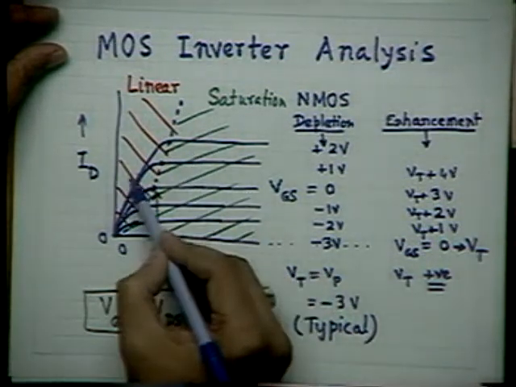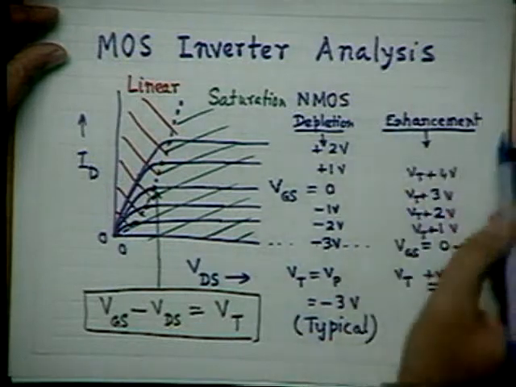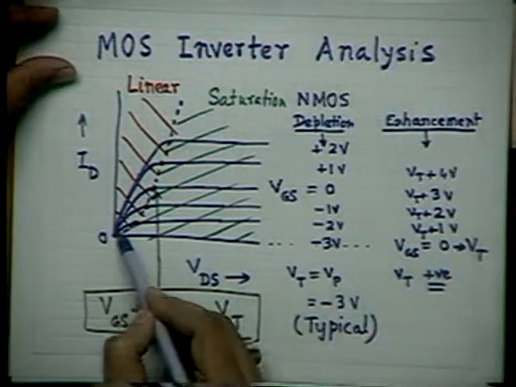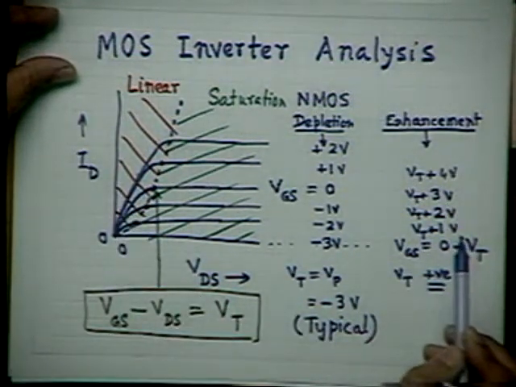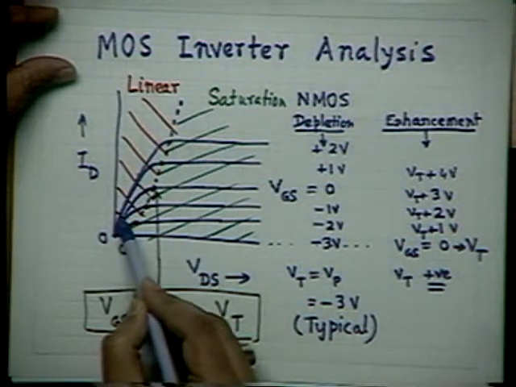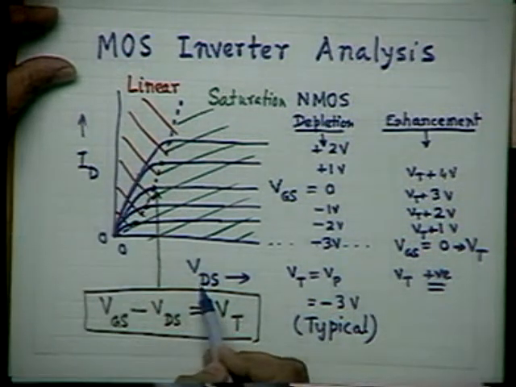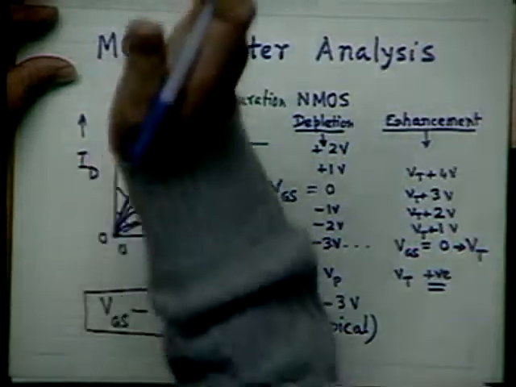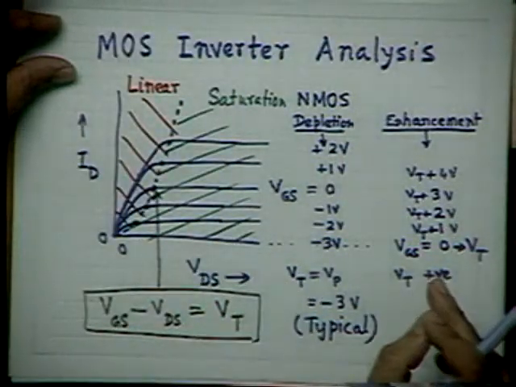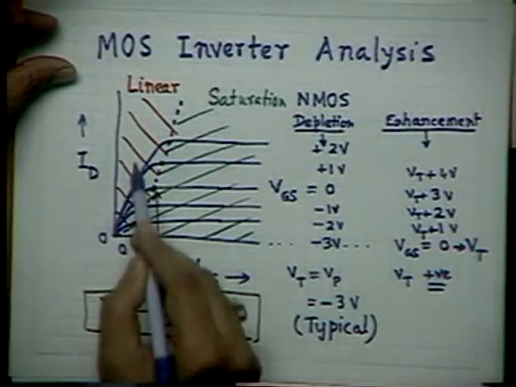And when VGS is very high, of course I am speaking of enhancement mode device, then you see that in the linear region the ID VDS relationship is very stiff. That means it offers a very low channel resistance. So you see that ID is a function of both VDS and VGS in the linear region.